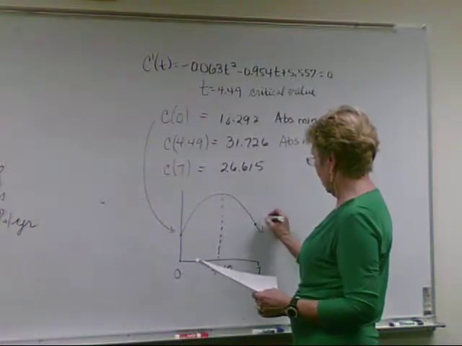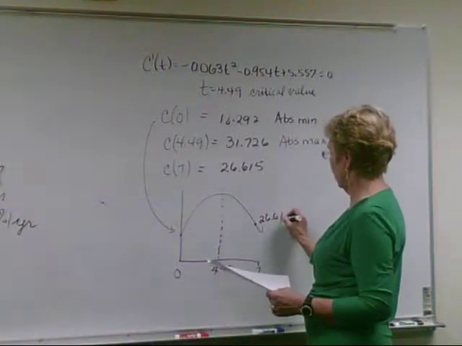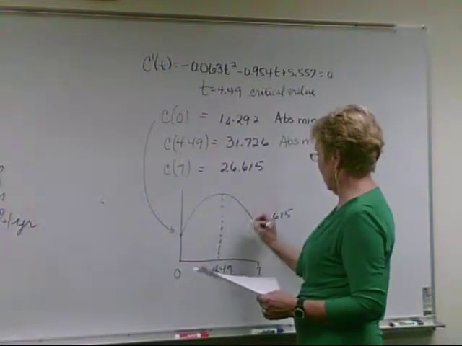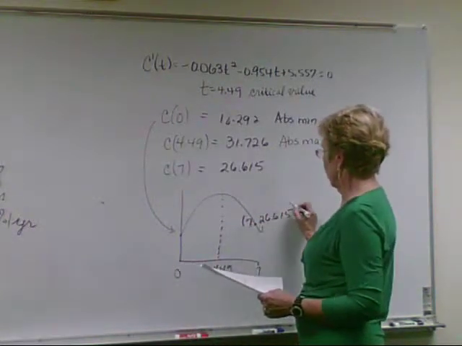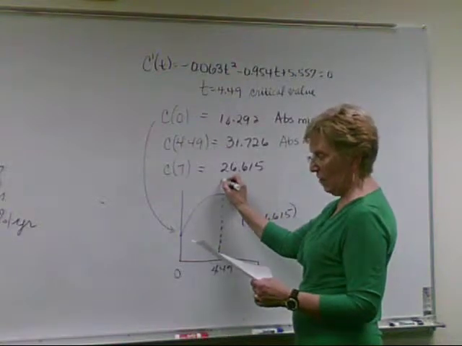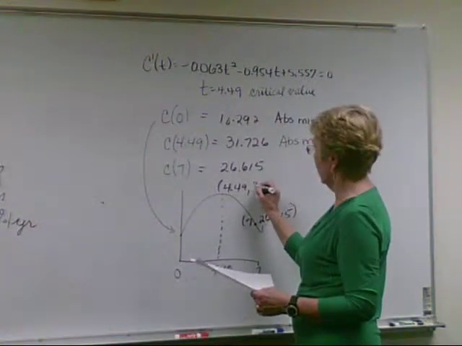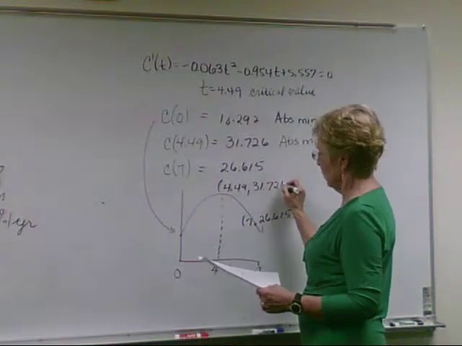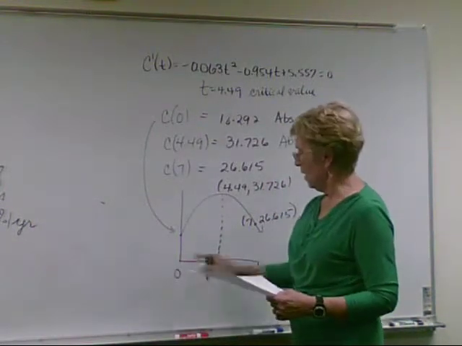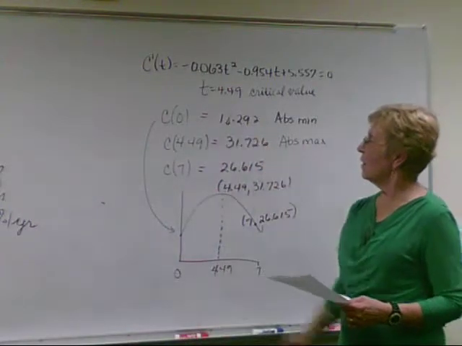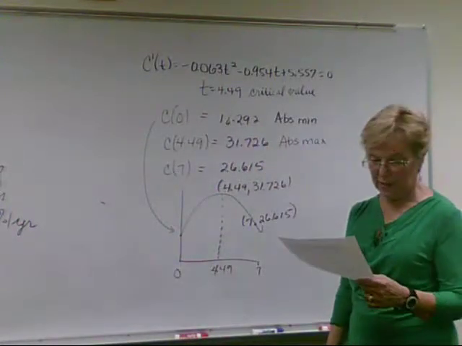So 26.615 there at 7. Max up here, 4.49, comma 31.726. And absolute min 0 at x equals 0 and 18.292% market share.